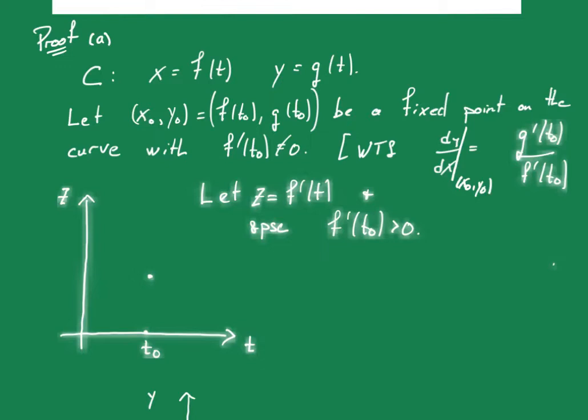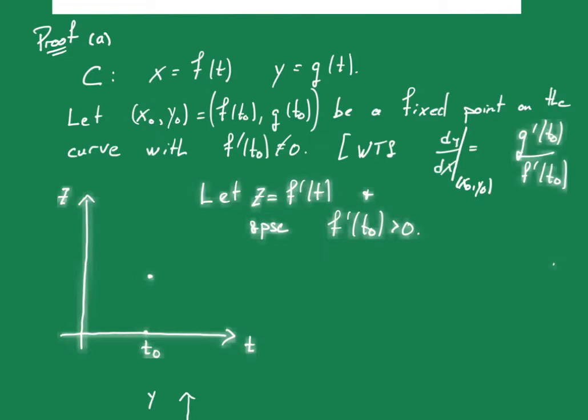We want to show that it equals g prime of t naught over f prime of t naught. In other words, it equals g prime of t naught, that's dy dt at t naught, divided by f prime of t naught, that's dx dt evaluated at t naught. So that's what we're trying to show. As we said, we want f prime of t naught to be not 0, otherwise this isn't going to make sense.